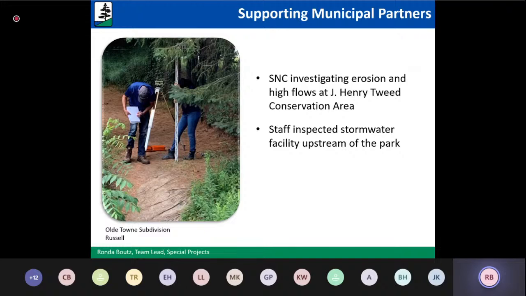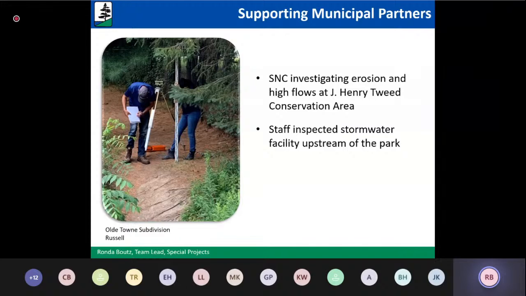We worked with the municipality to look at a stormwater facility that's upstream of the park and to make some recommendations for the municipality regarding that stormwater pond. Now that we have an idea of where the water's coming from, that will help our engineering team move into year 2, which is designing some erosion protection for some additional areas along the stream, as well as some tree planting on that site.